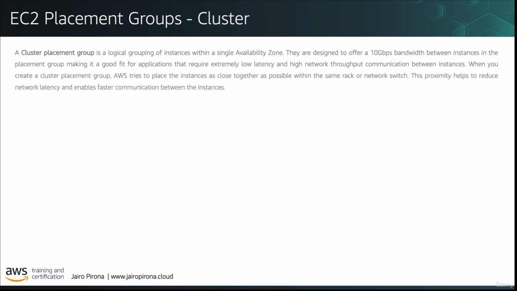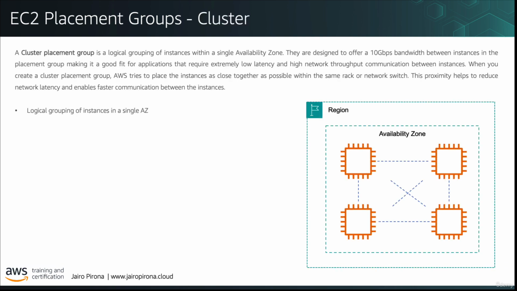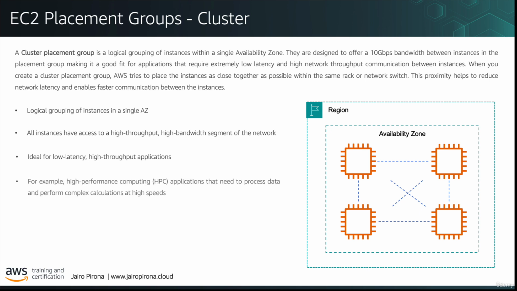A cluster placement group is a logical grouping of instances in a single availability zone. All instances in a cluster placement group have access to a high-performance, high-bandwidth network segment, and for this reason, a cluster placement group is ideal for low-latency, high-performance applications. For example, high-performance computing or HPC applications that need to process data and perform computations at high speed.